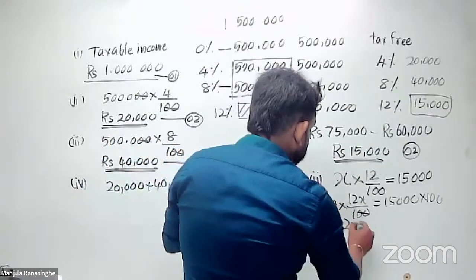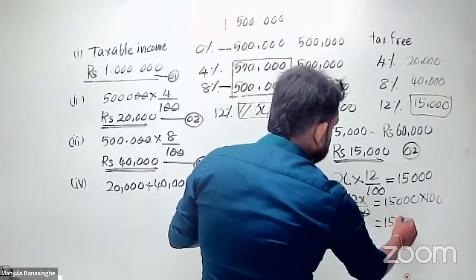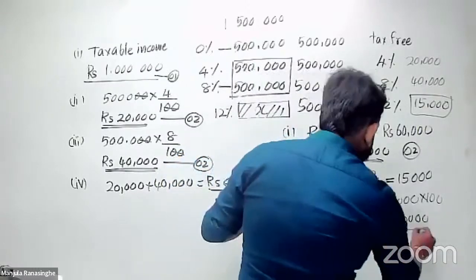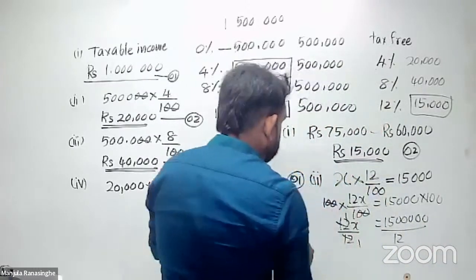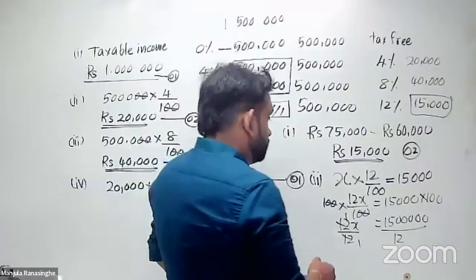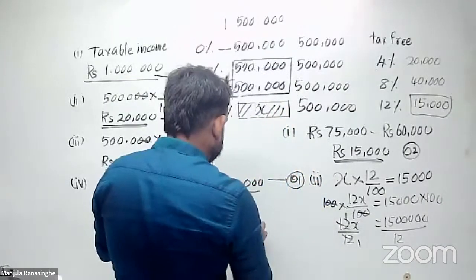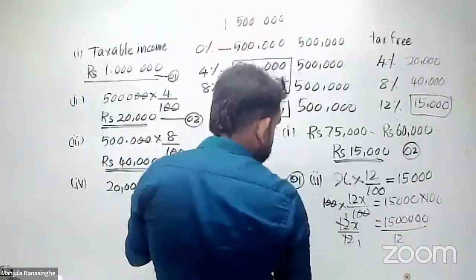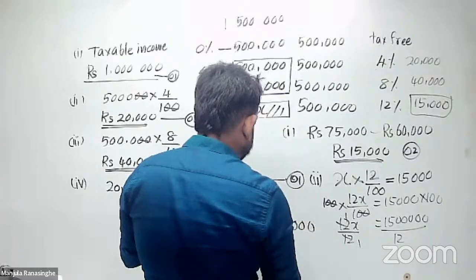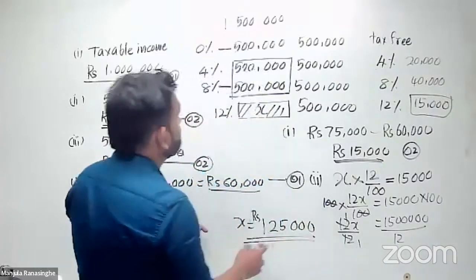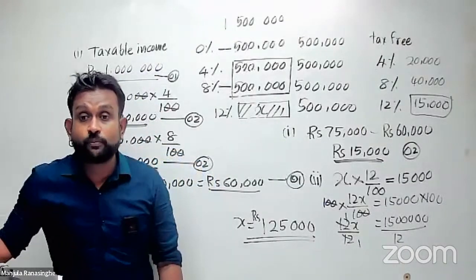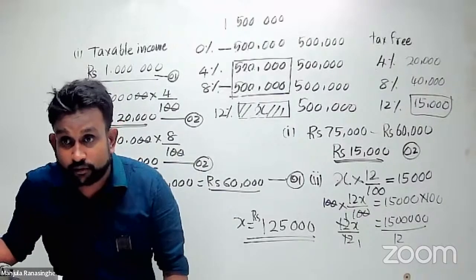Then 12X equals 15,000 and 2 zeros. Then divide by 12 on both sides. Then X equals 125,000 rupees. So that means another 125,000 of income comes here. So the answer for that part is 125,000.